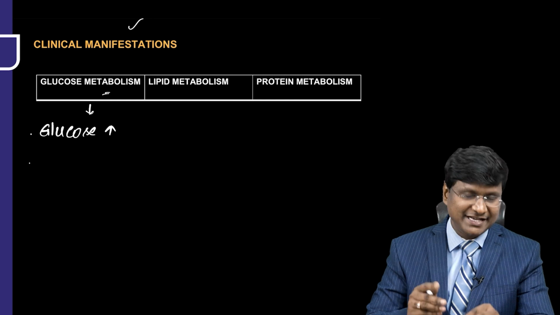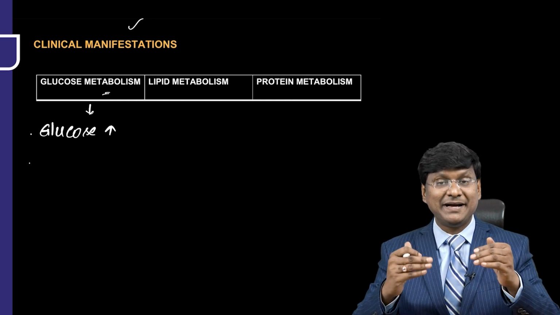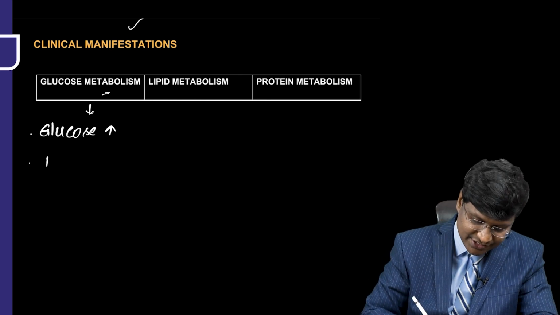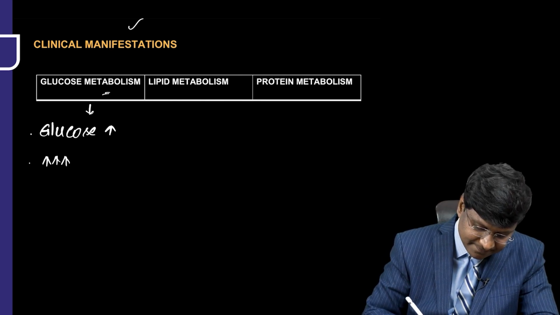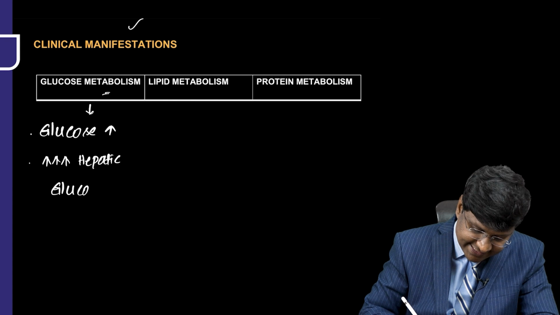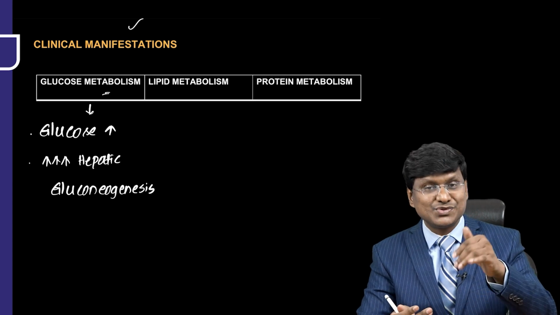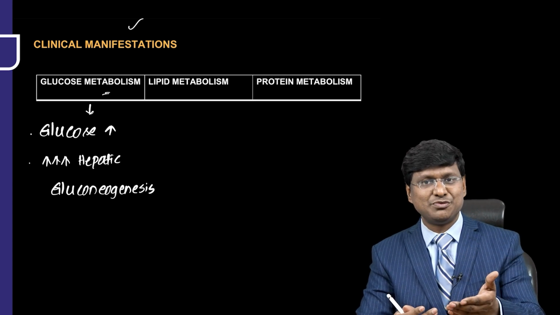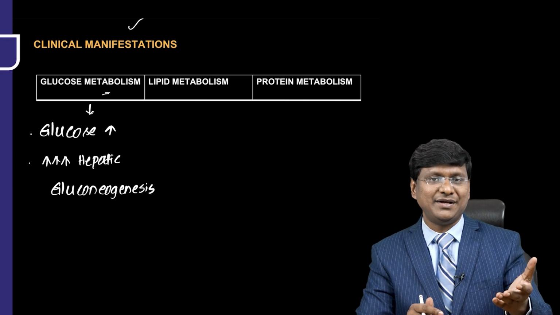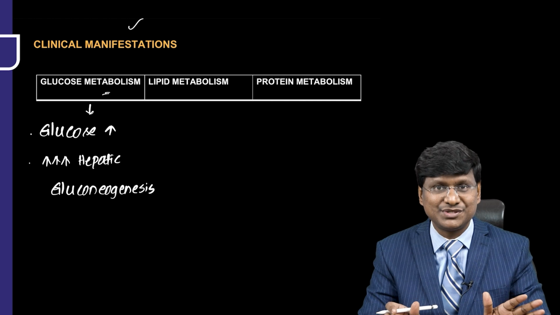Because in the basic physiology of the steroids, they increase hepatic gluconeogenesis, and in Cushing's, more and more steroids are there. So more and more hepatic gluconeogenesis occurs, and there will be hyperglycemia.